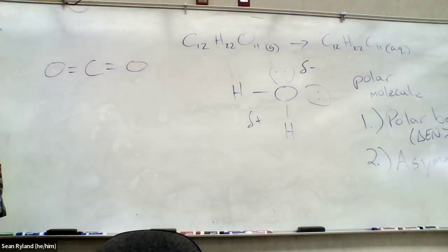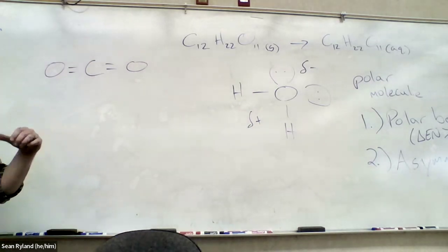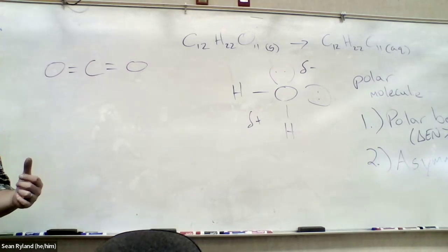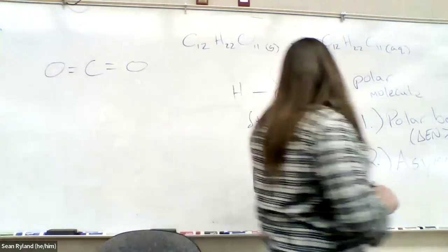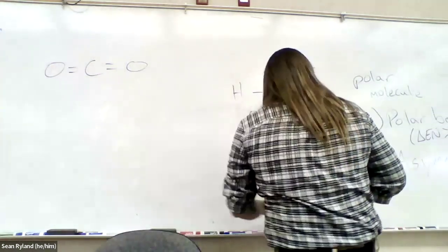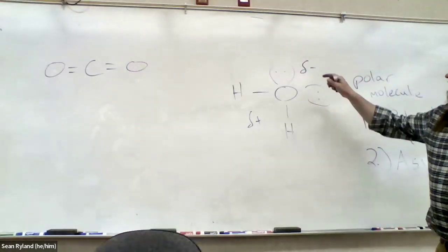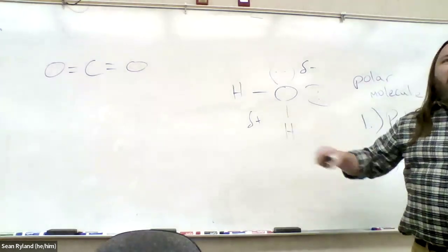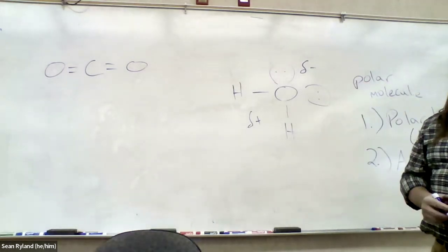Okay? And we can actually see this. Polar molecules have higher boiling points and melting points, because of what happens with these partial positives and partial negatives. If we have a whole bunch of these water molecules together, every partial positive is going to line itself up so it's aligned with a partial negative, right?